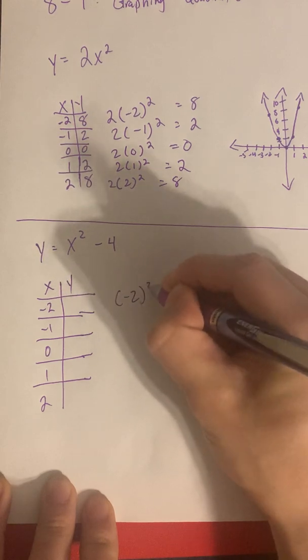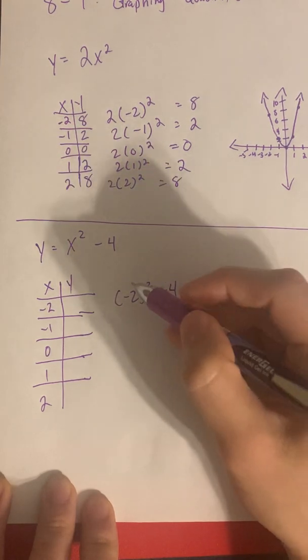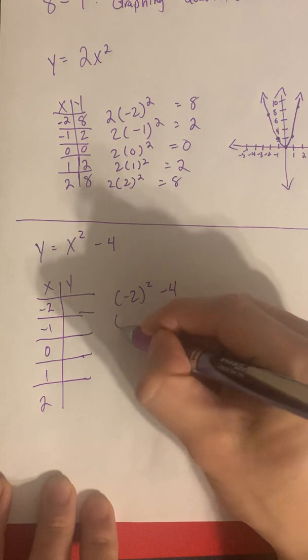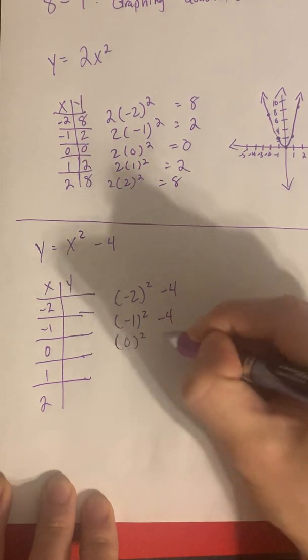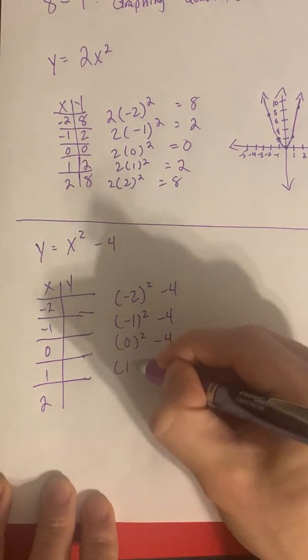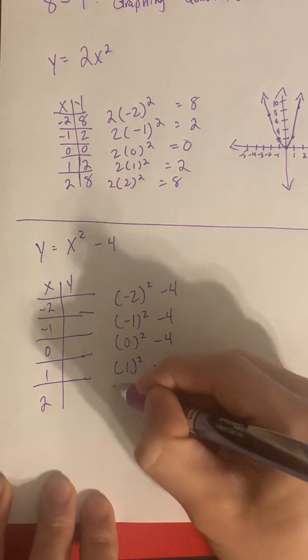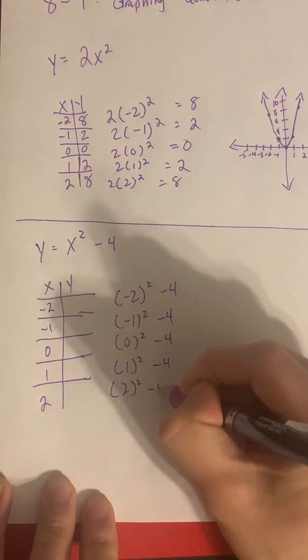So -2 squared minus 4, and then -1 squared minus 4, 0 squared minus 4, 1 squared minus 4, 2 squared minus 4.